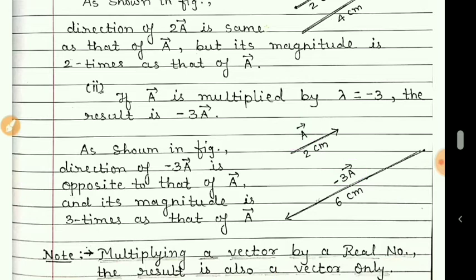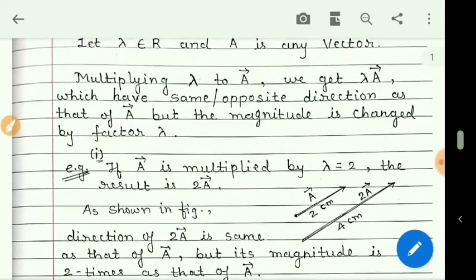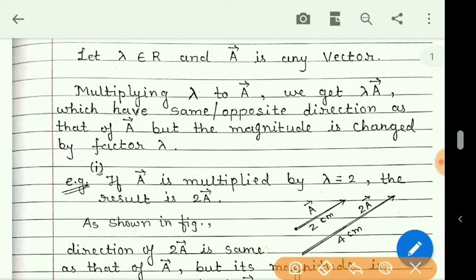And so whenever a real number is multiplied to any vector, the resultant vector may have same or opposite direction, but magnitude changes.